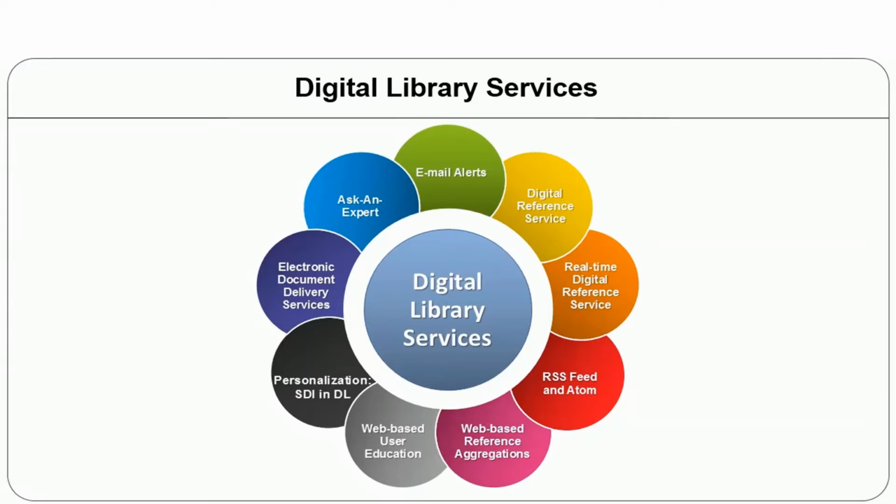If you are subscribing to the RSS feed of the latest happenings in a newspaper, it will come as a ticker or a flashing text in your browser or the feed reader, so that we keep updated about that. This service can be used for many services in the library. RSS feed technology can be used even for a new arrival of a book, or if somebody reviewed a book or article, then the feed can go to the people who subscribe to that.